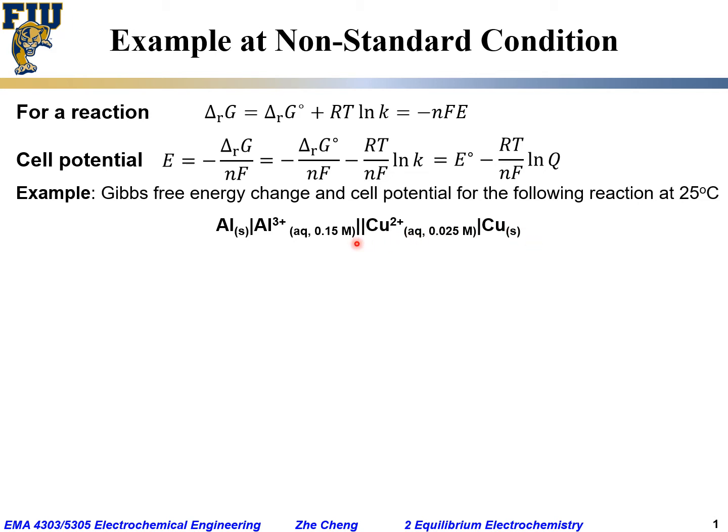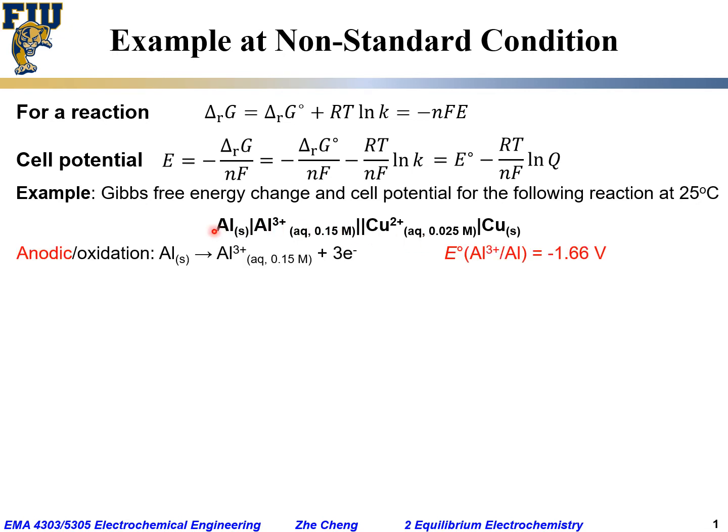The double vertical line between the two electrolyte solutions indicates something like an ionic permeable membrane, or something like a salt bridge that prevents mixing of these two cations.